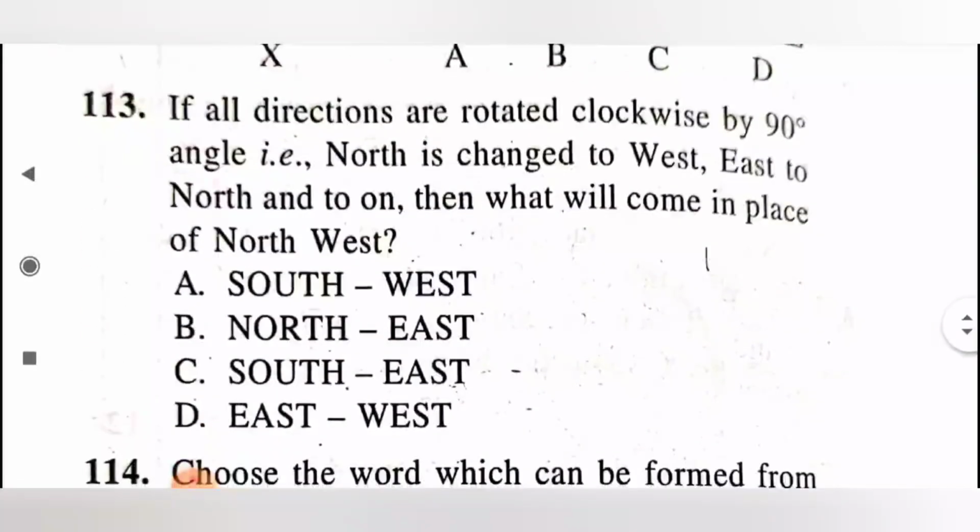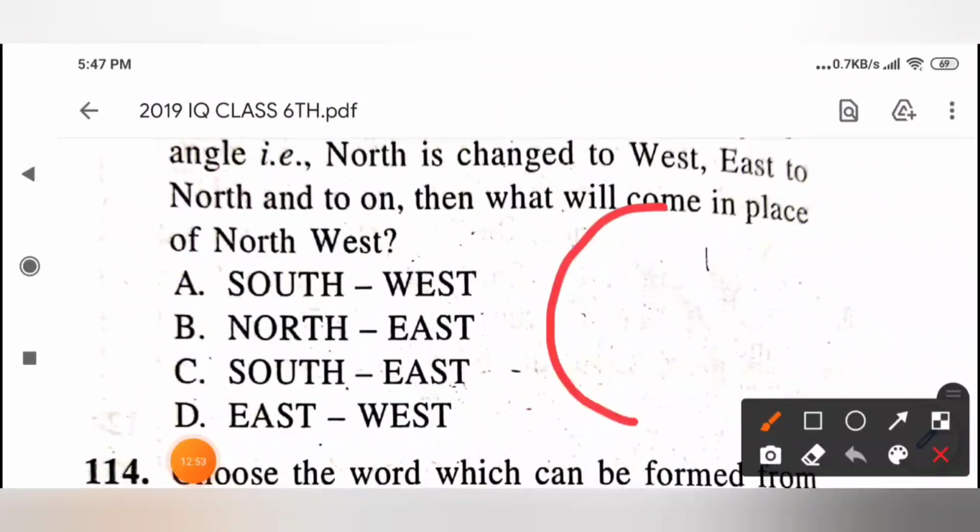113. If all directions are rotated clockwise by 90-degree angle, north is changed to west, east to north, and so on, then what will come in place of northwest?